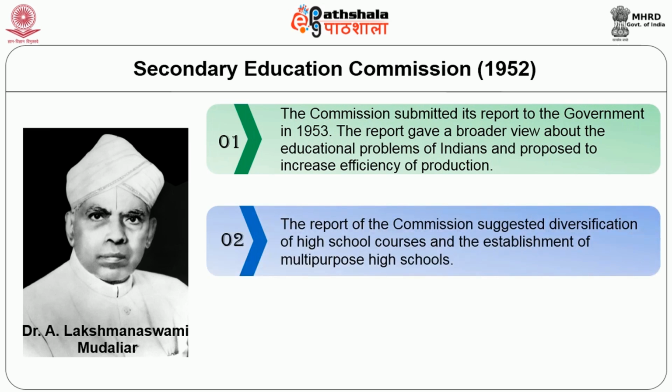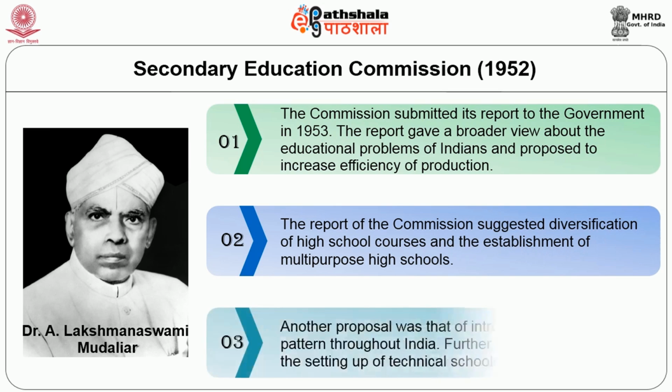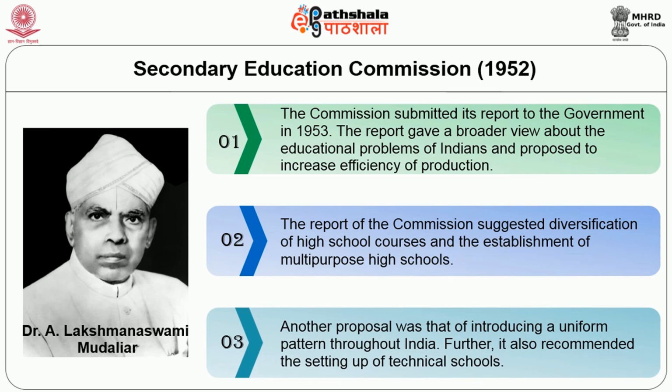The report of the commission suggested diversification of high school courses and the establishment of multi-purpose high schools. Another proposal was that of introducing a uniform pattern throughout India. Further, it also recommended the setting up of technical schools.